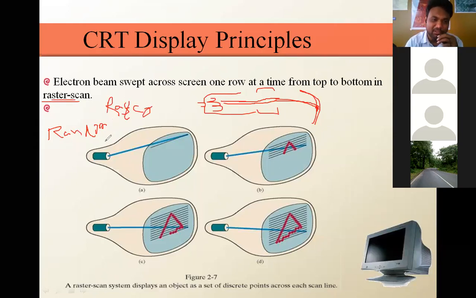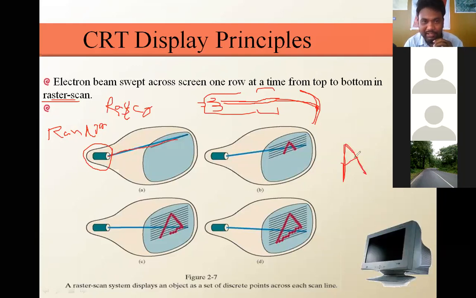Suppose this is your cathode, producing a high intensity electron beam. If you want to display the letter A on the CRT monitor, how does the beam work to show this alphabet A?